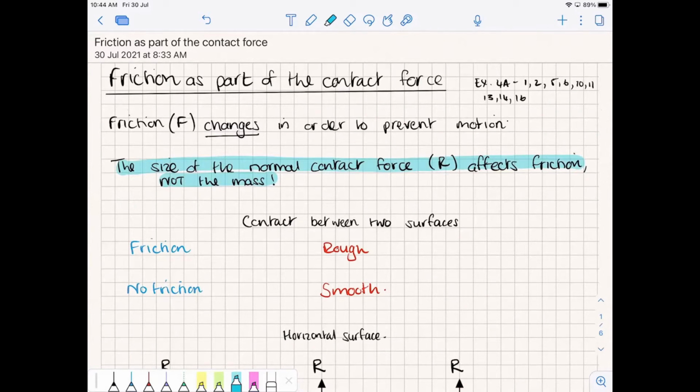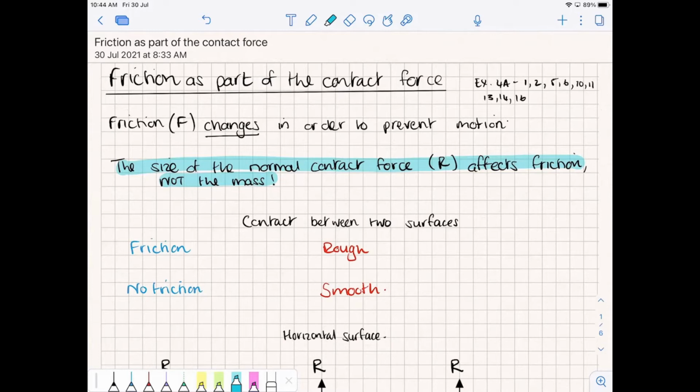I'm sure there's plenty of them online, and it'll give you a good sense of why the mass of the object doesn't affect friction, but the normal contact force does. And the normal contact force is that force that the surface the object is lying on pushes up against the object. Okay? And our friction force is affected by that contact force.